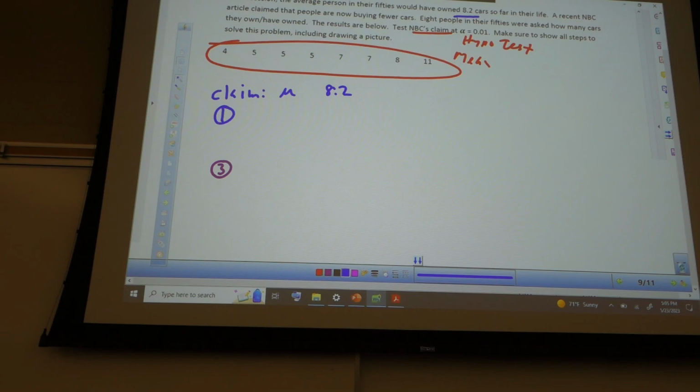Should it be more than, less than, equal to? Less than. You have fewer. So we're saying that the mean should be less than 8.2, which means that my step 1 H naught is that mu is equal to 8.2, and H1 would be mu is less than 8.2. That is my claim. We're going to use the word support later on. Good.